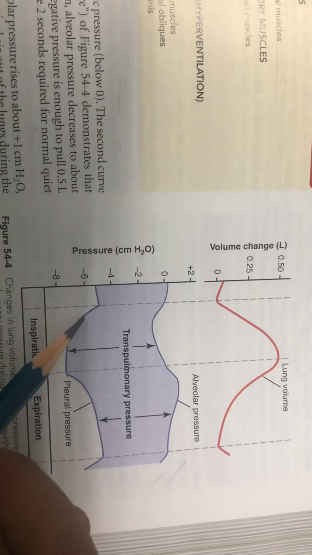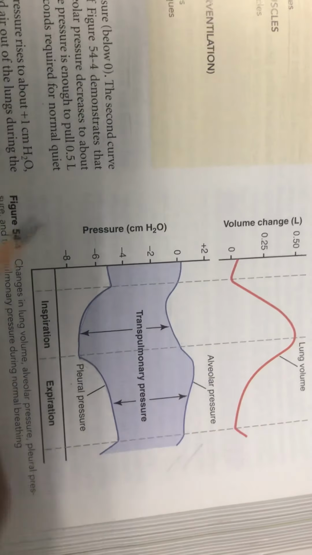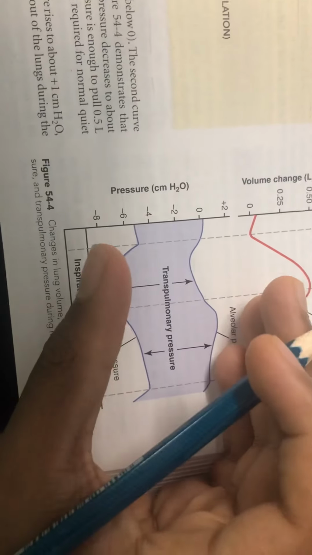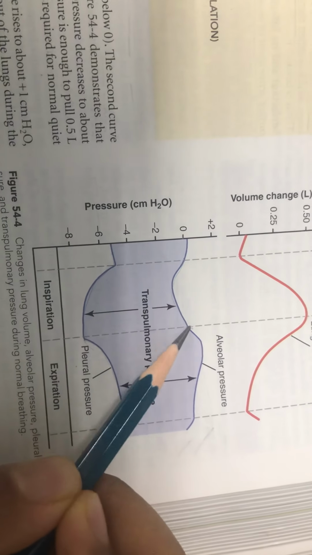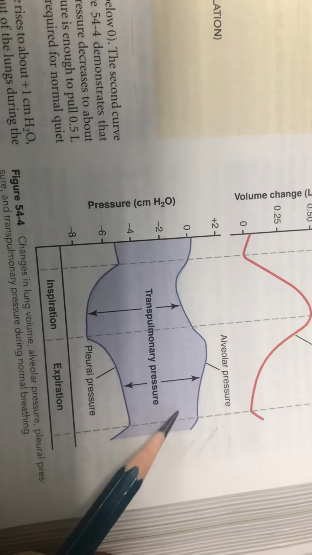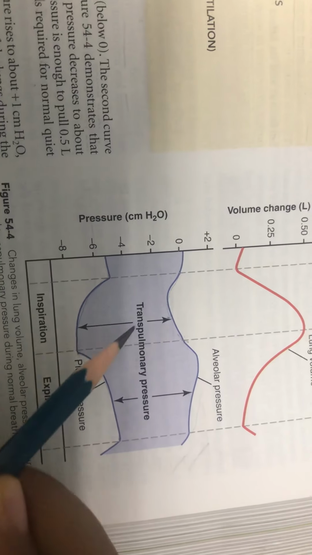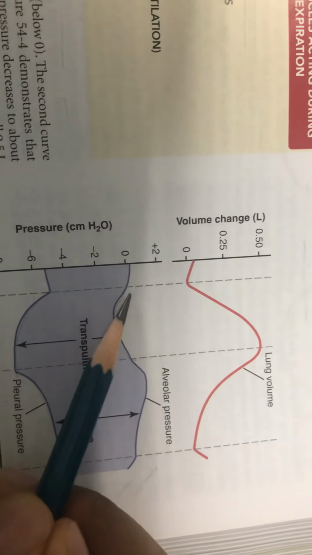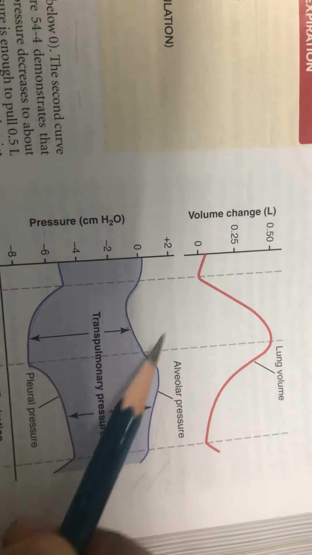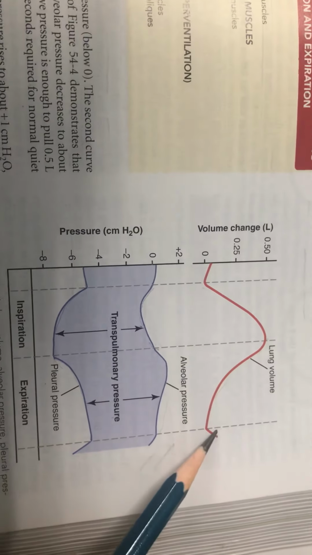Similarly, as the pleural pressure is becoming more negative, the alveoli increase in volume, that is the alveolar pressure also decreases, like this, and then it increases again. This difference between the alveolar pressure and the pleural pressure is called the transpulmonary pressure. And as you can see here, when alveolar pressure decreases, the alveolar volume increases during inspiration and it decreases during expiration.